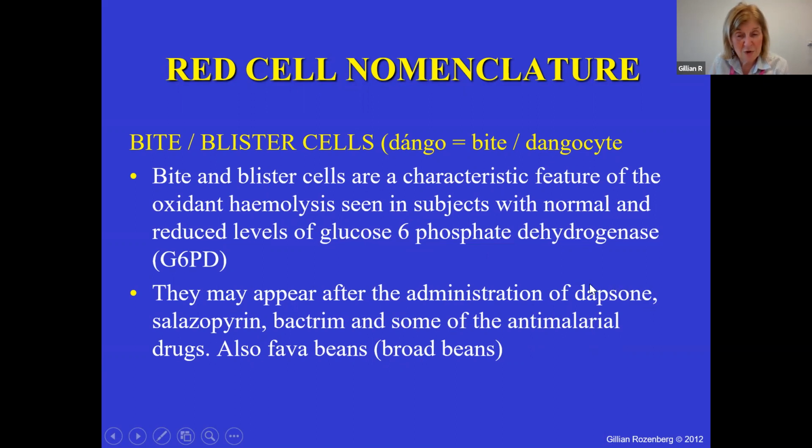So dapsone, you should know these in the back of your mind. Dapsone, salazopyrine, Bactrim, which is the antibiotic, is an oxidant. Some of the antimalarial drugs are oxidants, for example, primaquine and chloroquine. Never forget that the fava beans, which are broad beans, can act as an oxidant.